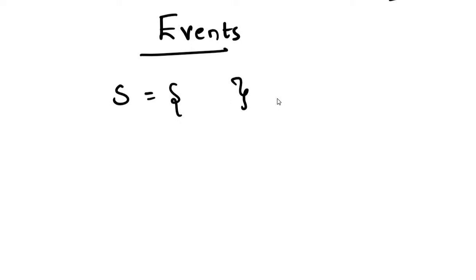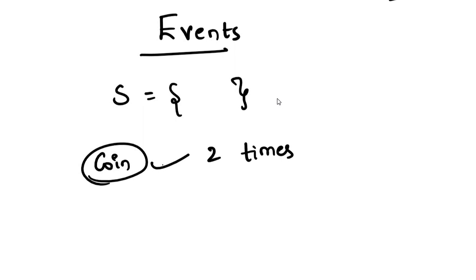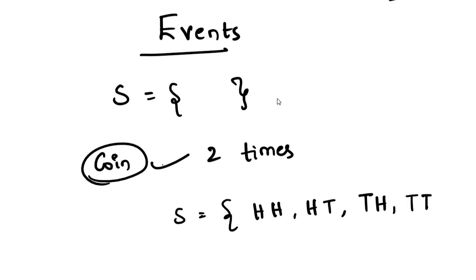Consider the experiment of tossing a coin 2 times. An associated sample space is given like this, as we have already seen in session 1: HH, HT, TH, TT.